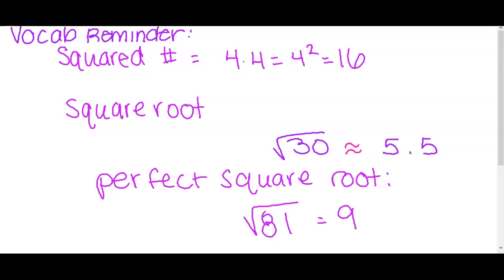So you have to watch how you say it. Something squared is itself times itself. A square root is the radical symbol that goes on the term. We are going to take squared items and square root them.